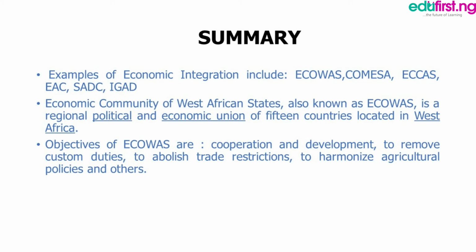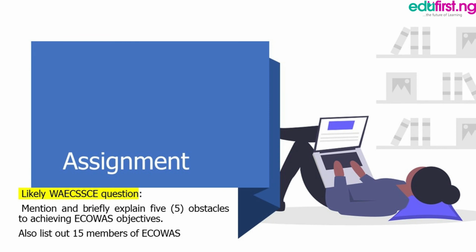Objectives of ECOWAS include cooperation and development of the region, to remove custom duties, to abolish trade restrictions, to harmonize agricultural policies, and others. Now, let me give you a likely WAEC question, and I want you to look out for that.